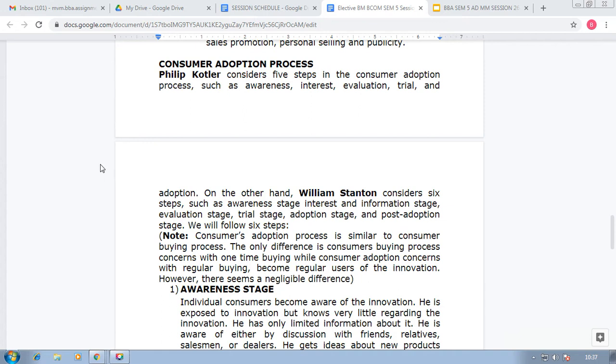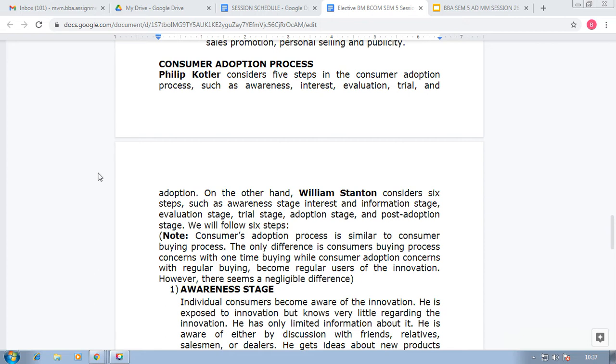Suppose if you want to purchase a car from the market, do you directly go to the shop and purchase it? No. And the same process of purchasing a car you will not follow when you want to purchase a shampoo or a soap. For purchasing different products, every consumer follows a different adoption process.